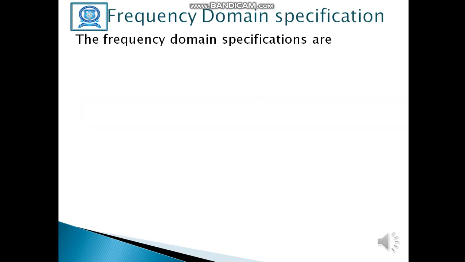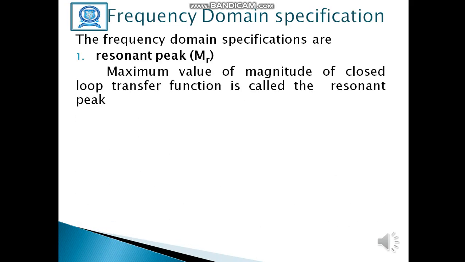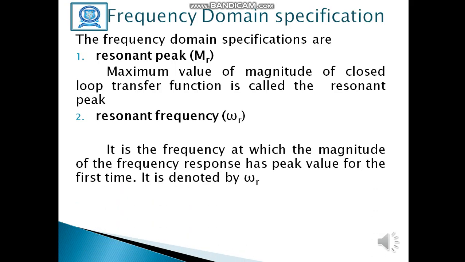The frequency domain specifications are resonant peak, that is represented as Mr. The maximum value of magnitude of closed loop transfer function is called the resonant peak. Next one is resonant frequency ωr.